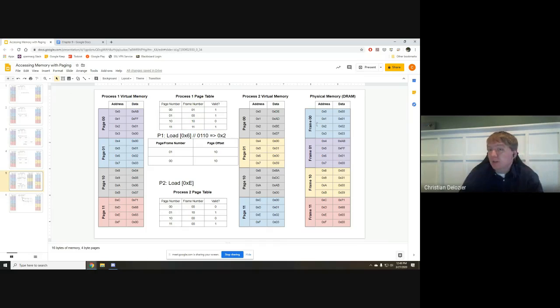So process 1 is going to load from address 0x2 in physical memory. Process 2 is going to do the same thing now. I'm going to run out of space here, unfortunately, so let me slide these all down.